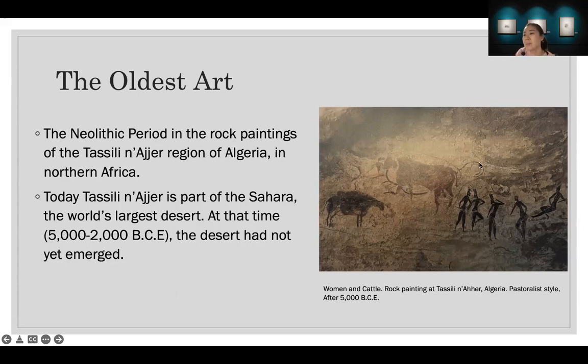So we can assume that at that time the desert had not yet emerged when you see this painting. The region was a vast grassland, home to animals, plants, and the people we see depicted here. The figures depict the essence of human and animal bodies in actively posed, stylized silhouette.